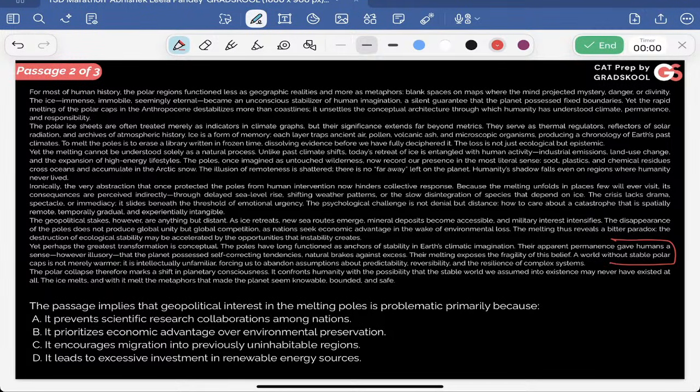It encourages migration. It leads to excessive investment in renewable energy resources. See, when poles are melting, the environment is automatically degrading, but due to socio-political and geopolitical interests, people and governments would look at the economic advantage more than environmental preservation. That is the main problem which the author of the passage is implying.